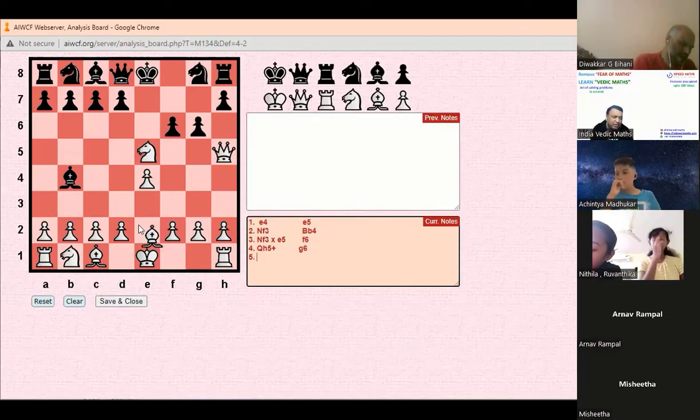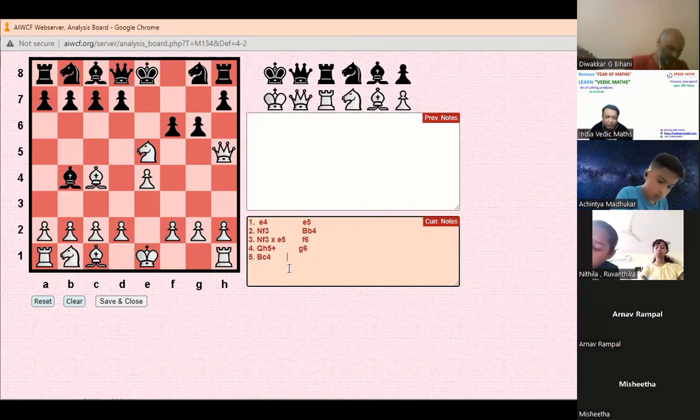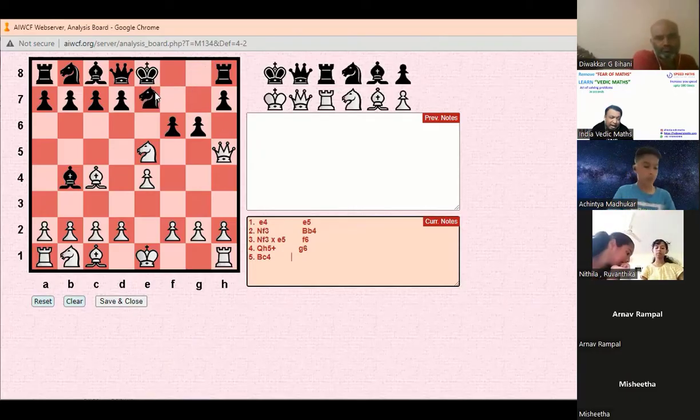If I move the bishop, what will I write here? B, C4. Now, if black puts this, what did black move? Knight. To which place? E7. Very clear, simple till now.